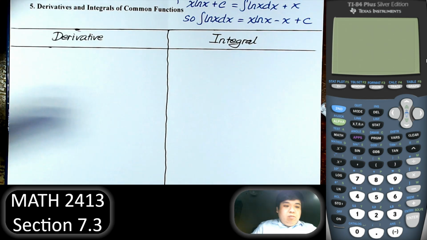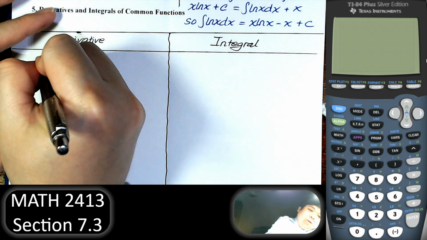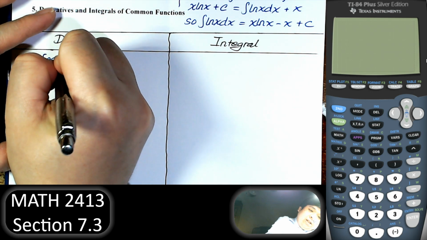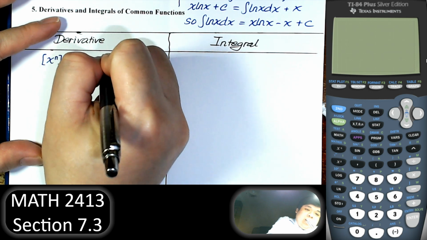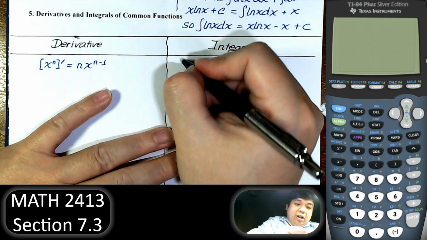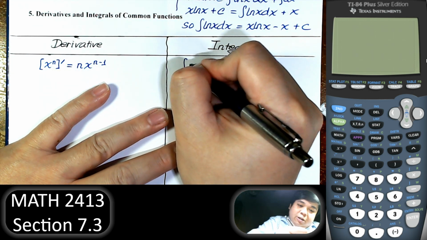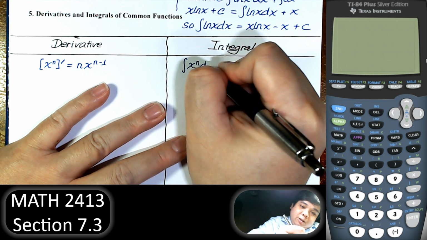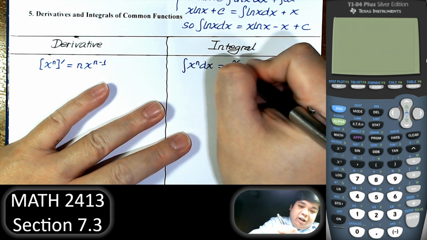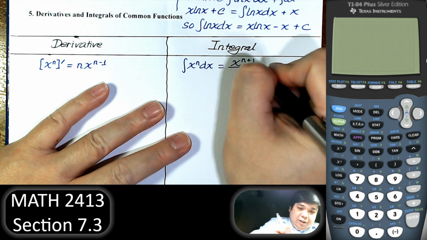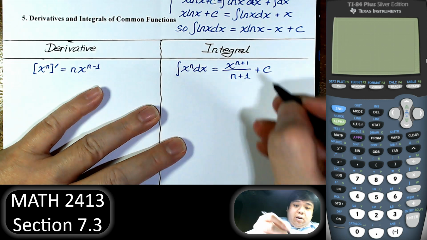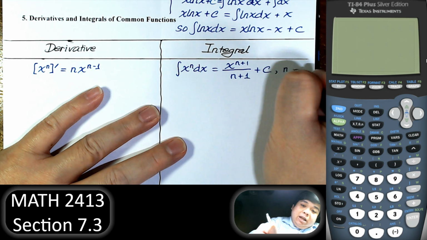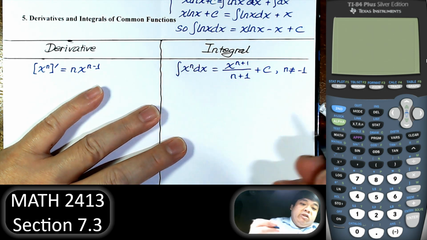Right, first the power rule: derivative of x to the n is n x to the n minus 1. So for the derivative, we multiply; for the integral, we divide. That works, but notice that n cannot be negative 1. Otherwise, we divide by 0.